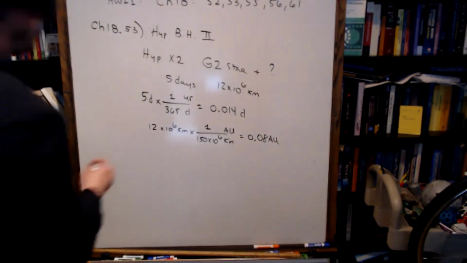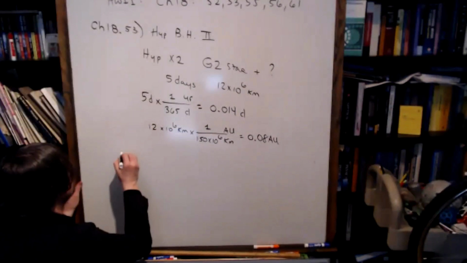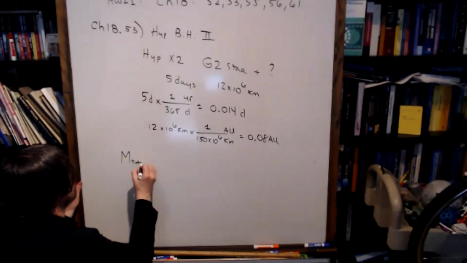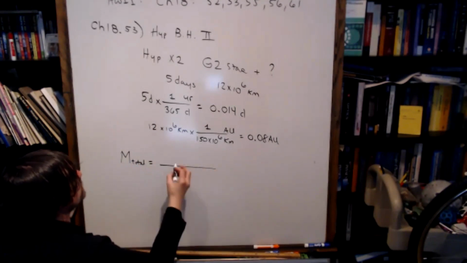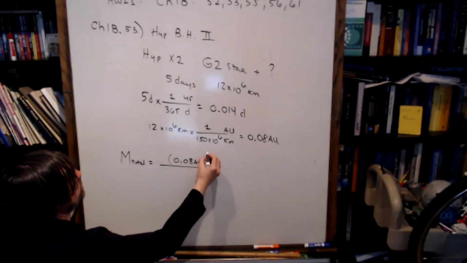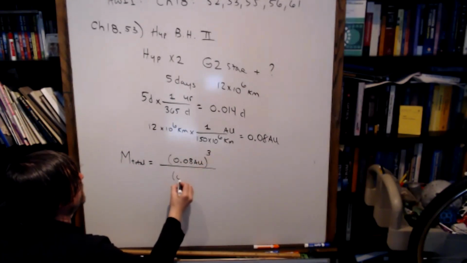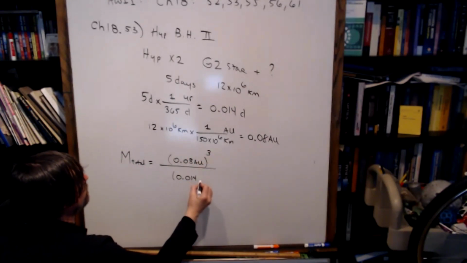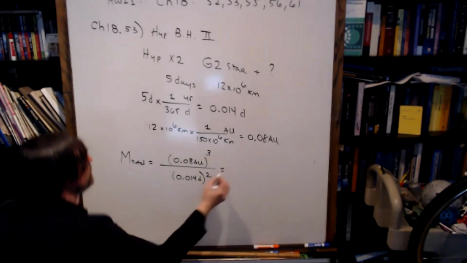All right. Now plug this in. Total mass of the system is 0.08 AU cubed divided by 0.014 days squared.